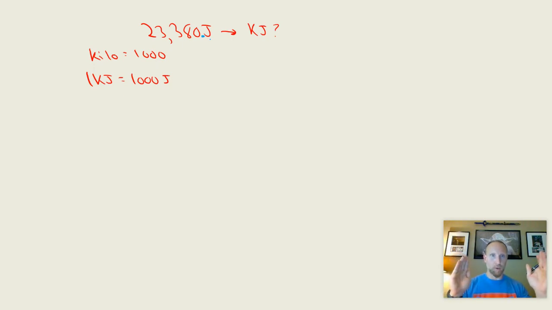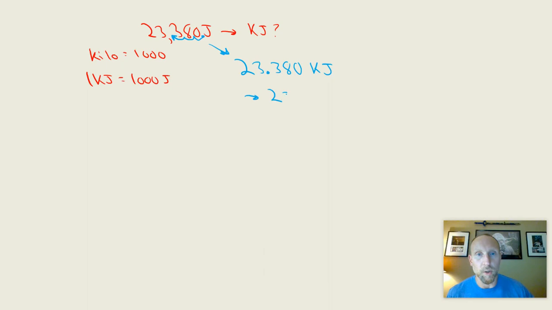If you're going from a smaller unit to a bigger unit, we want to go 1, 2, 3. So this becomes 23.380 kilojoules, or we can just write 23.38 kilojoules.